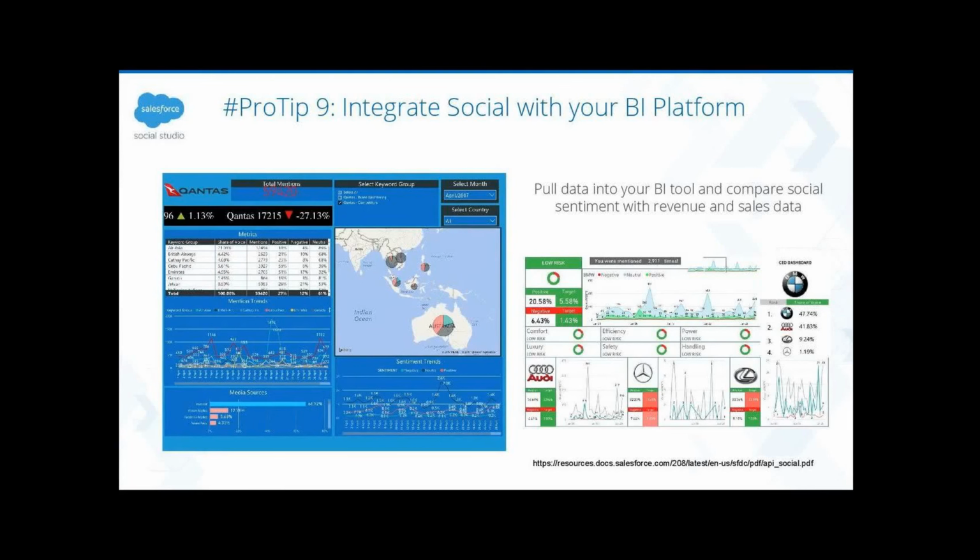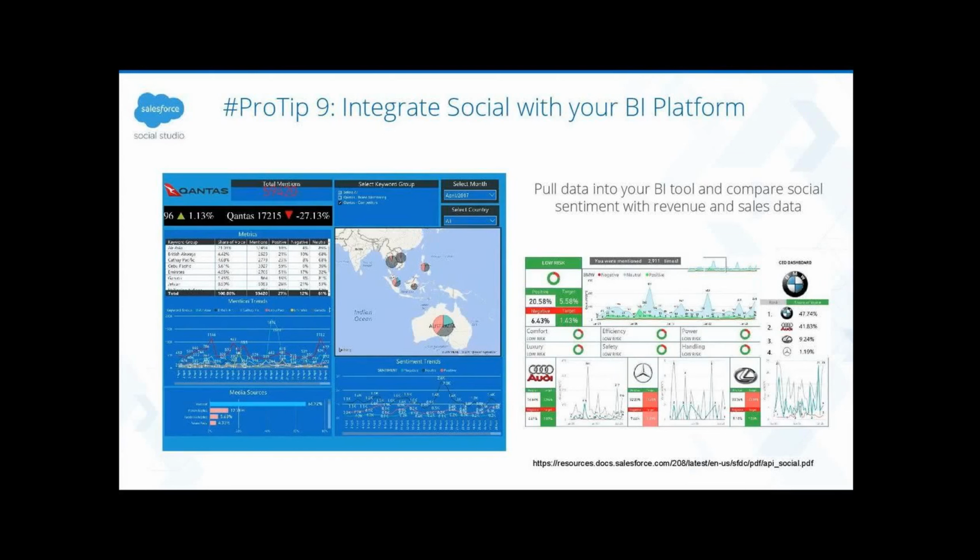The Social Studio API is very flexible, it's very open, and you can pull in any of the data in Social Studio pretty much into whatever data source you want. So if you're currently running Tableau dashboards with your enterprise data, say your finances, your sales numbers, etc., now you can integrate Social Studio with that Tableau dashboard.